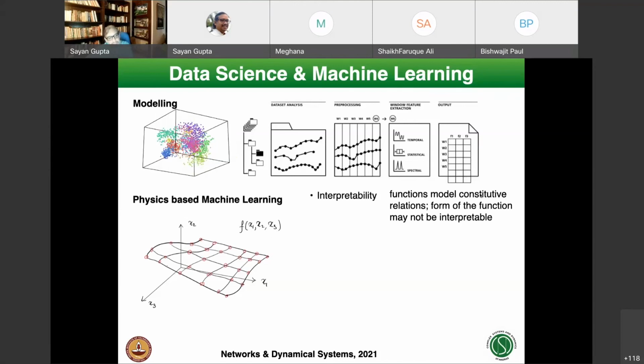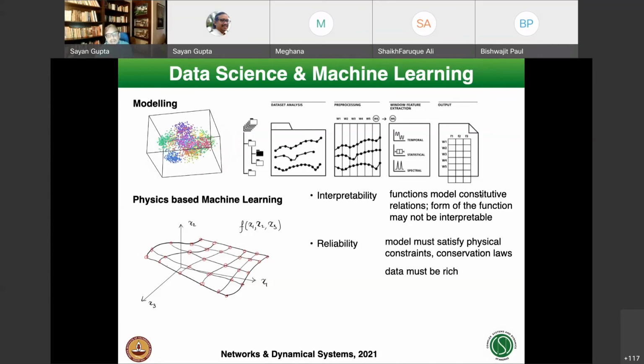Now, using the data through some regression analysis, we might be able to fit a functional form. The coefficients of all these regression terms may not have a physical interpretation, but the function has a physical representation in that it may represent a constitutive relation. And then there is the reliability of it.